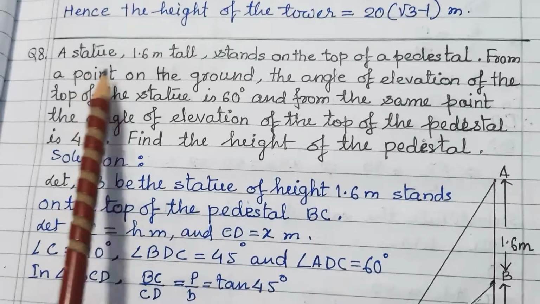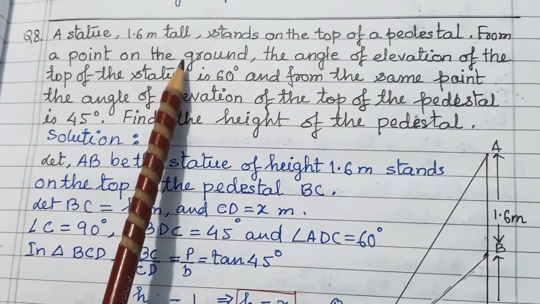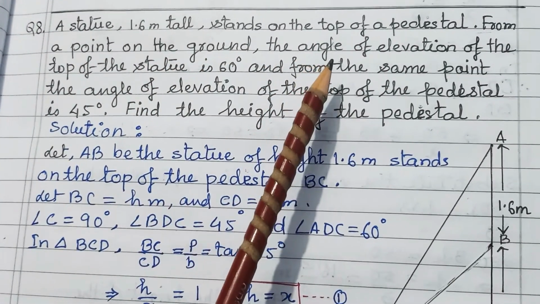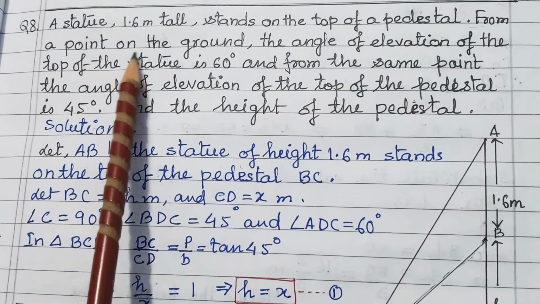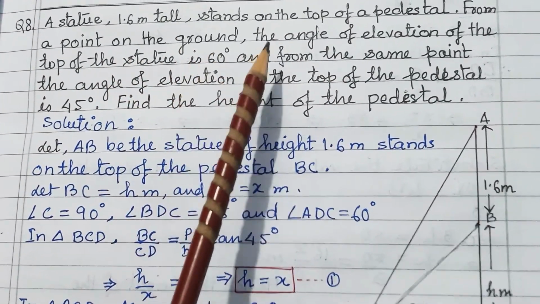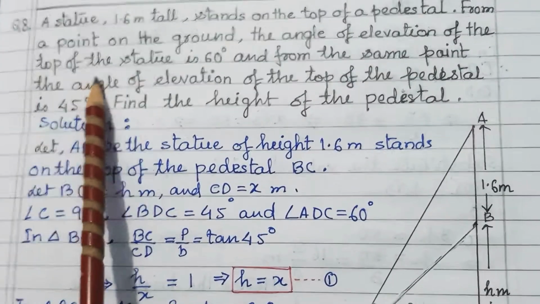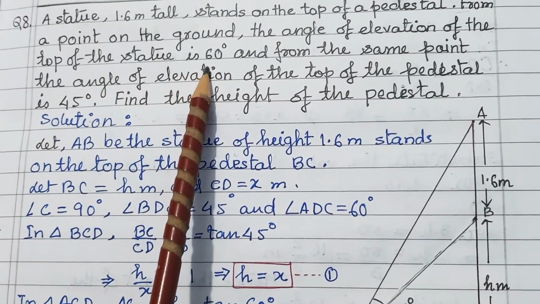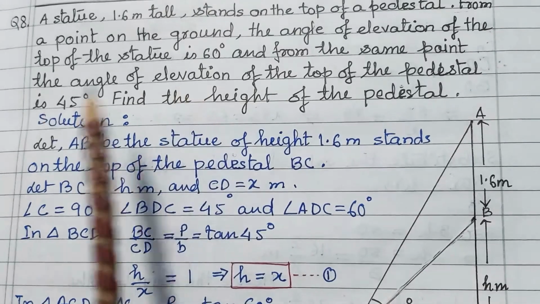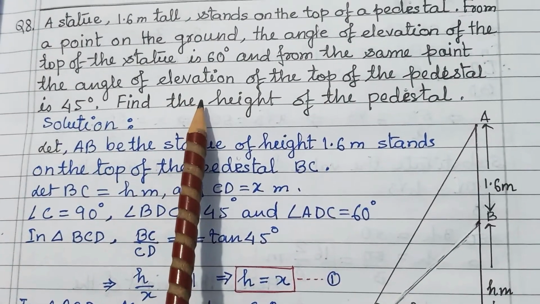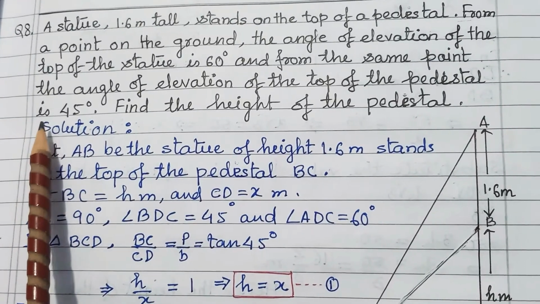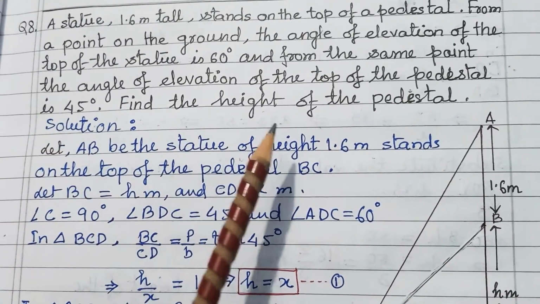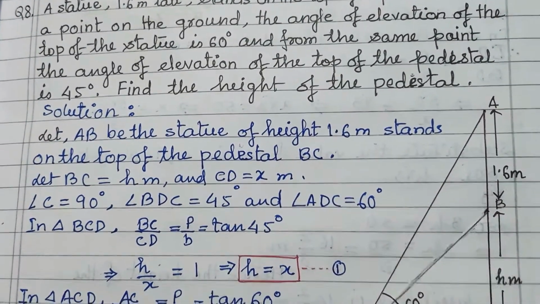A statue 1.6 meter tall is standing on top of a pedestal. From a point on the ground, the angle of elevation of the top of the statue is 60 degree, and from the same point, the angle of elevation of the top of the pedestal is 45 degree. Find the height of the pedestal. See the figure.